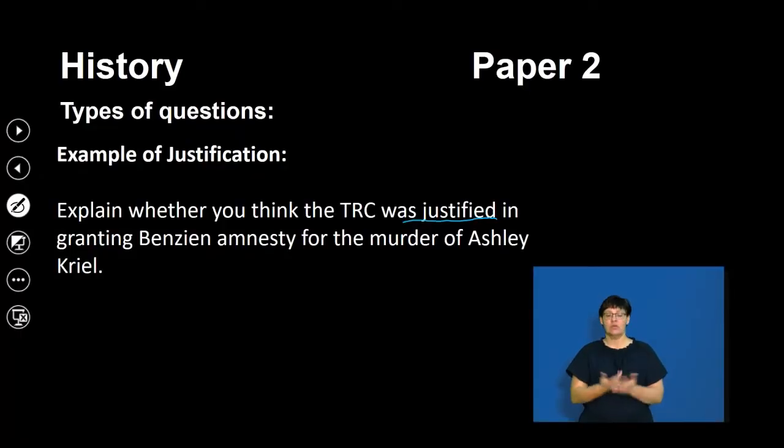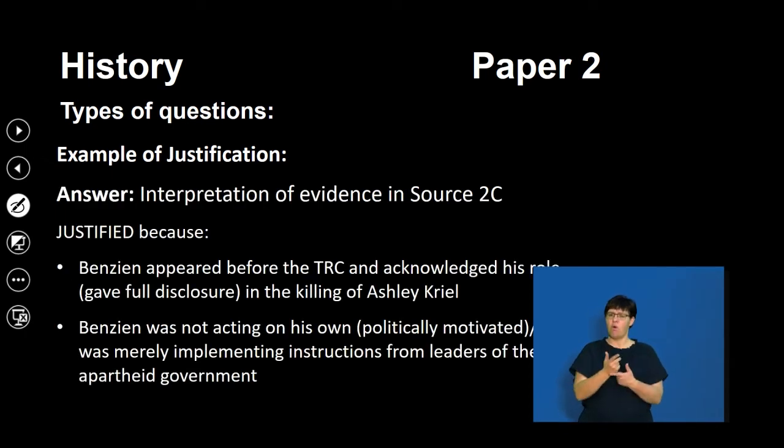So explain whether you think the TRC was justified in granting Benzin amnesty for the murder of Ashley Krill. Now, if you look at this response, you can go justified, and these are the reasons. Okay, Benzin appeared before the TRC and acknowledged his role. In other words, he gave full disclosure in the killing of Ashley Krill. So that is why you will say, yes, that was justified. Or Benzin was not acting on his own.